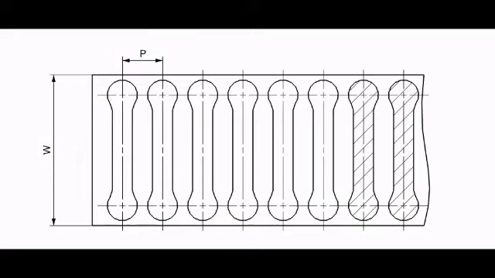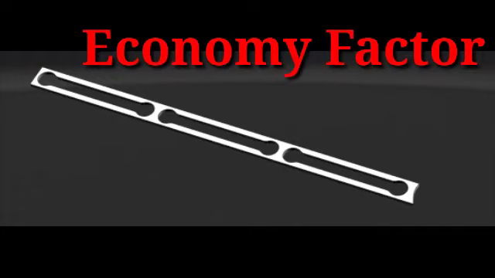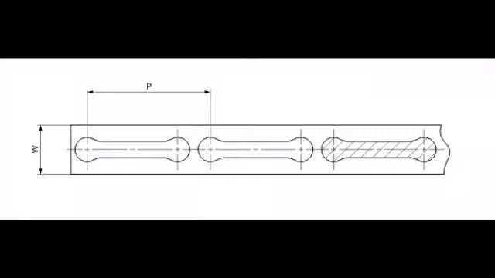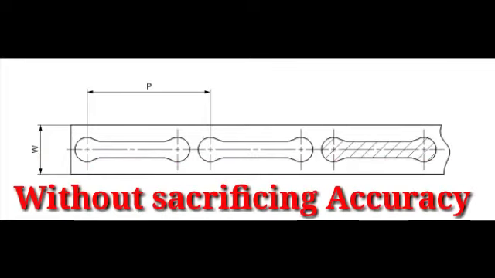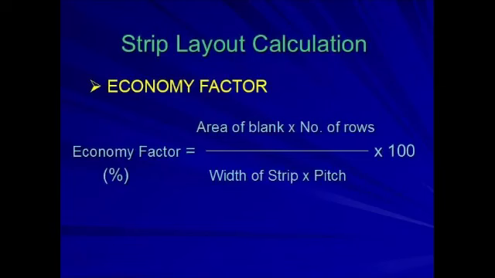Now we are going to see what is economy factor. During the cutting operation, stock material conservation is a decisive factor in press working. All possible means should be tried to attain this without sacrificing the accuracy requirement of the piece part. Economy of any strip layout in percentage is found out by using this formula.